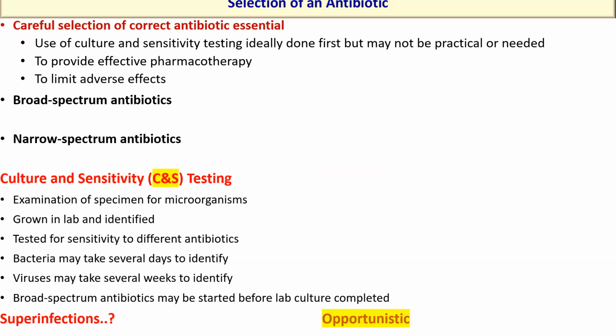You may start broad, like during sepsis or septicemia, but before you start the antibiotic, you have to draw a specimen: blood culture, urine culture, wound drainage culture, or sputum culture. We have to do culture and sensitivity testing, the CNS, which ideally should be done first, before you start the antibiotic.